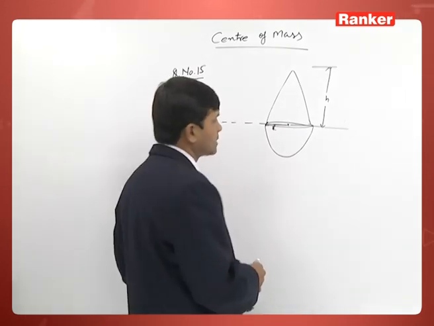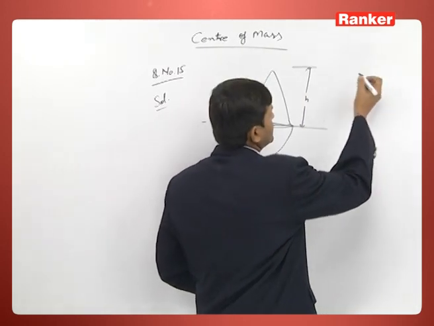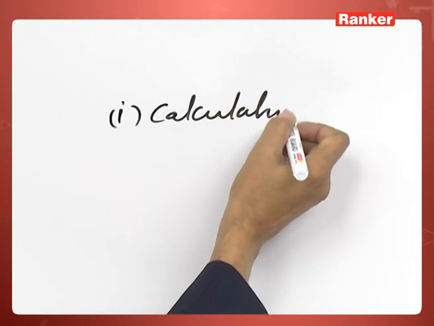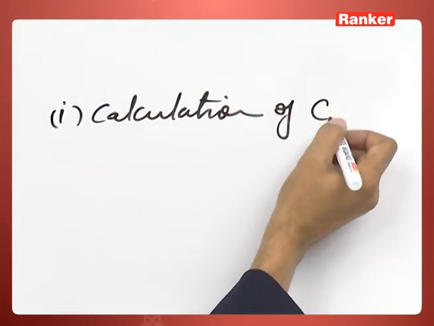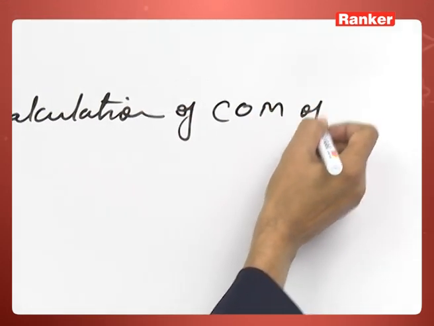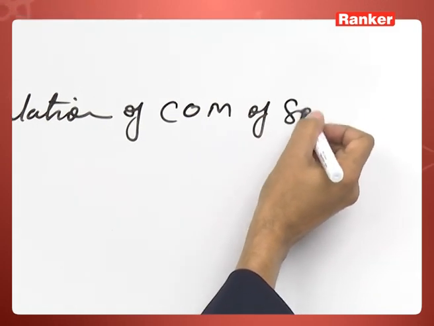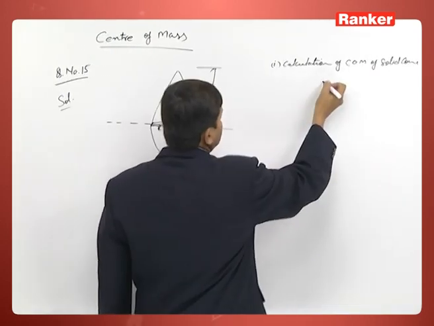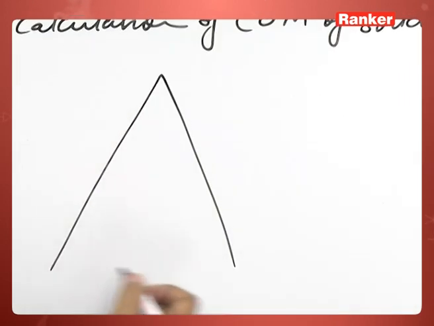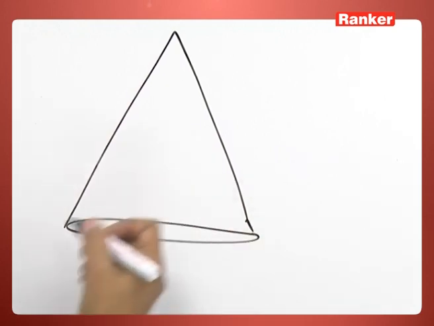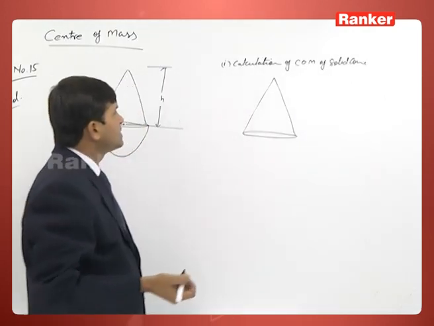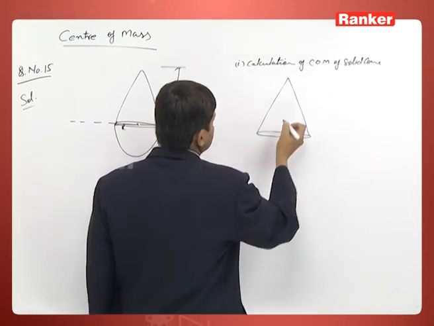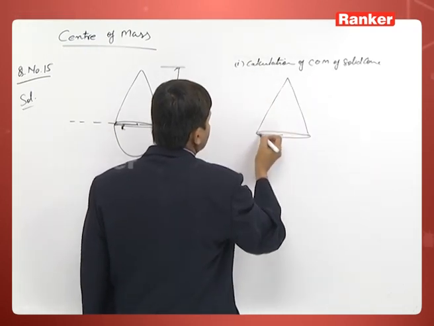Then only we can determine the exact height. The first calculation is the center of mass of the solid cone. So let this be the cone, and now we can solve like this. Cone of radius r.